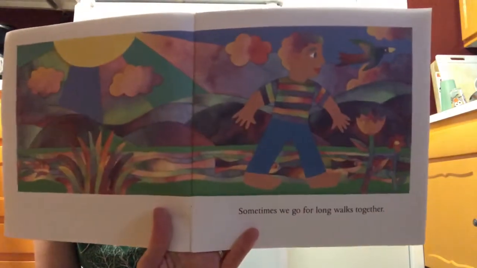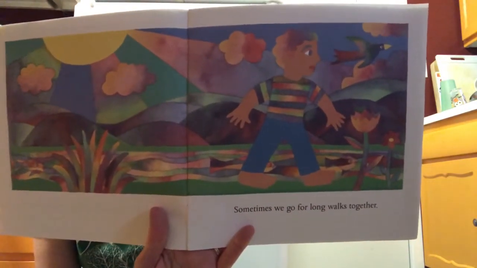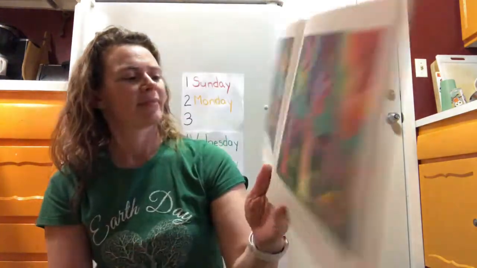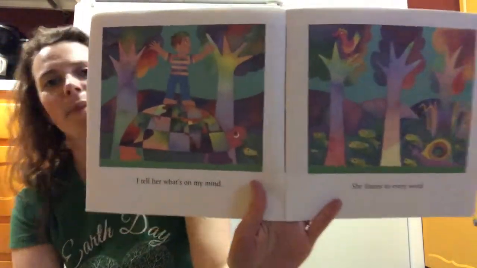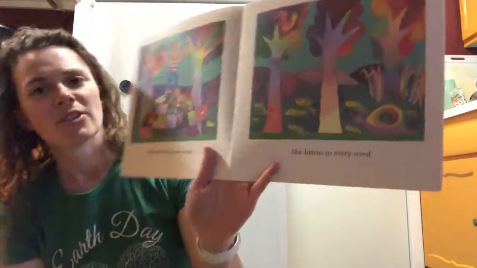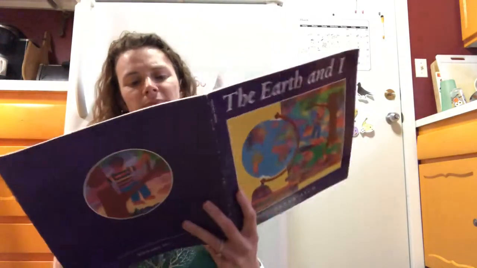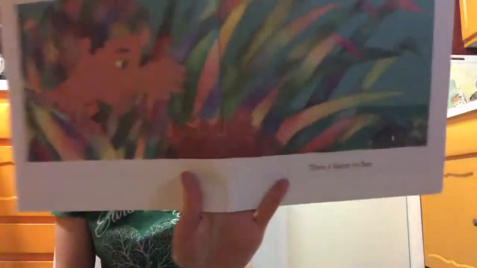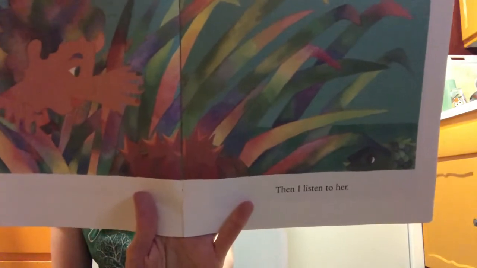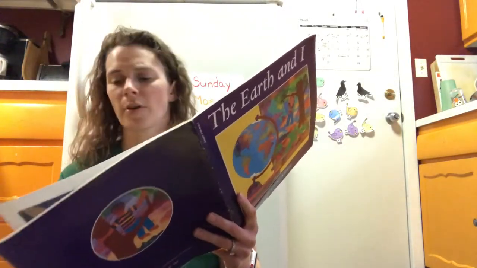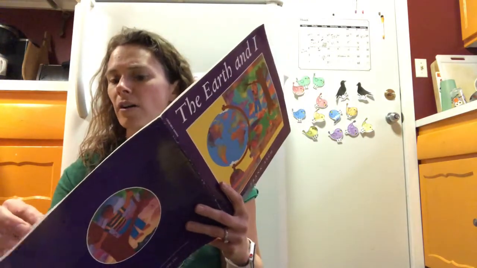Sometimes we go for long walks together. I tell her what's on my mind. She listens to every word. Then I listen to her. It's a good friend. Wonder what the earth would tell you if it could talk.